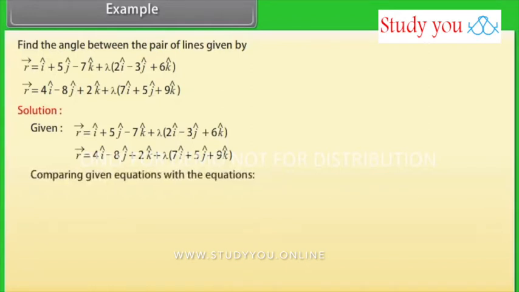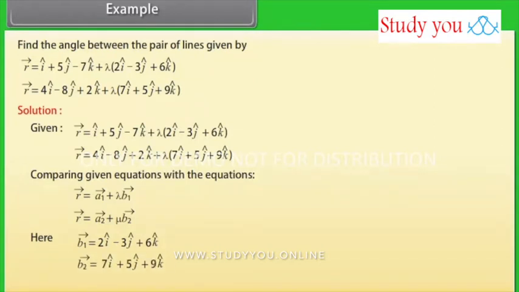Comparing given equations with the equations vector r equals vector a1 plus lambda vector b1 and vector r equals vector a2 plus mu vector b2. Here, vector b1 equals 2i minus 3j plus 6k. Vector b2 is equal to 7i plus 5j plus 9k.